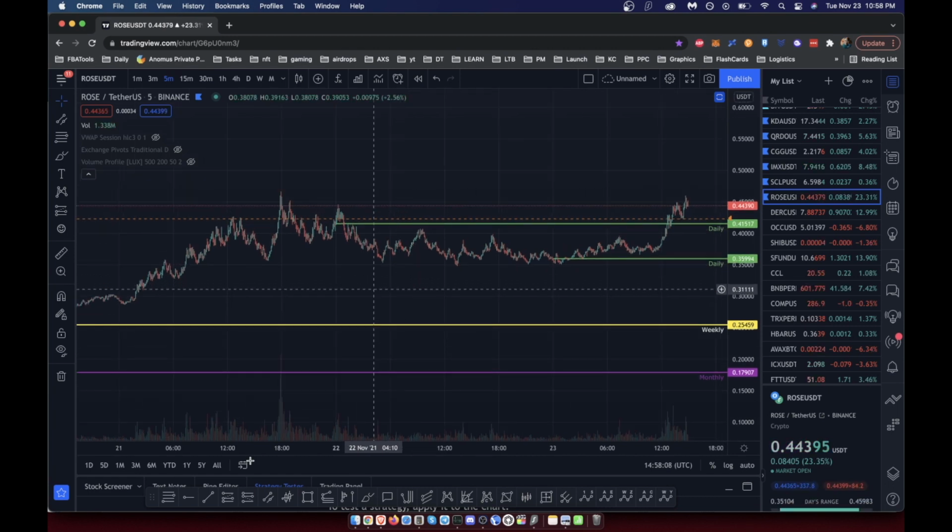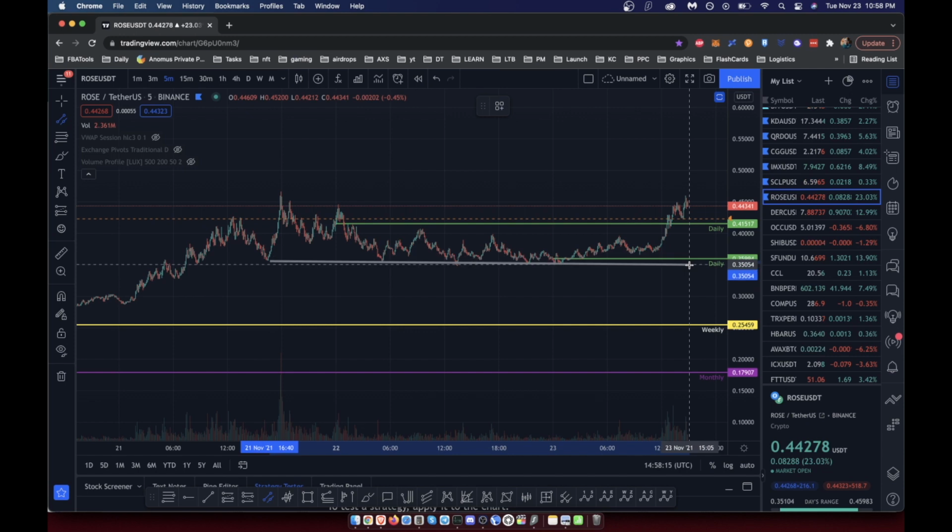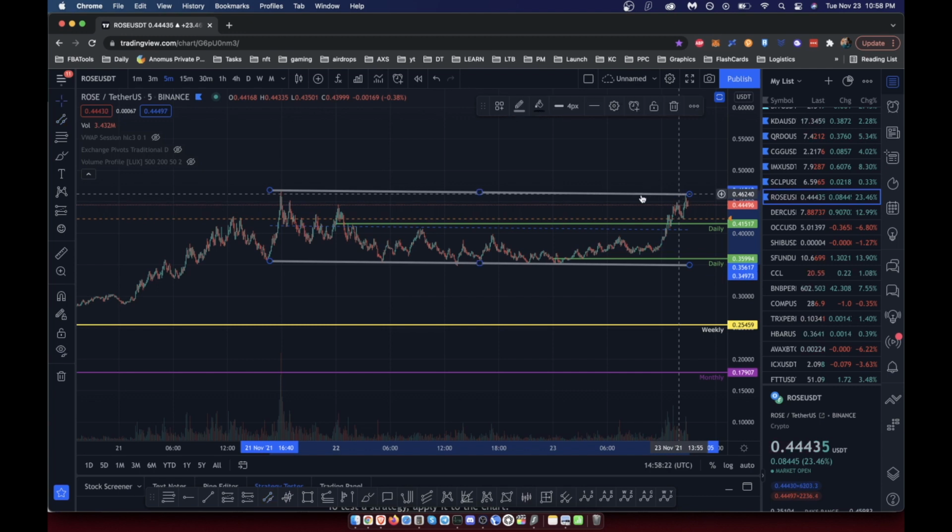You could also do trend lines as well. They would accomplish the exact same thing in this scenario, because you're basically, this would be one trend line and this would literally be another. And you can see how price has been trading within this exact range. But now we're trading on the tops, meaning that we're trying to break past it.